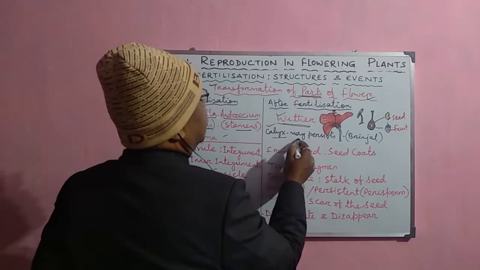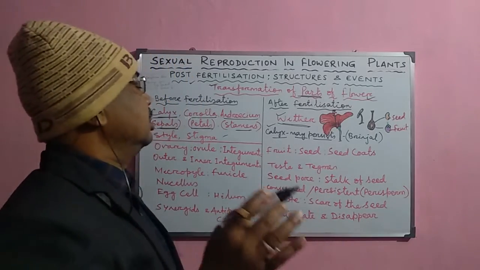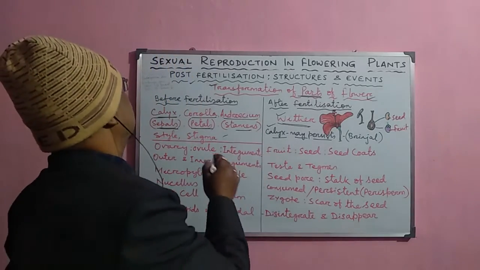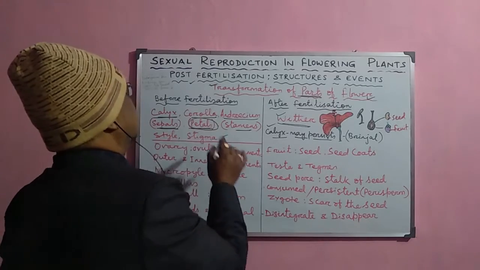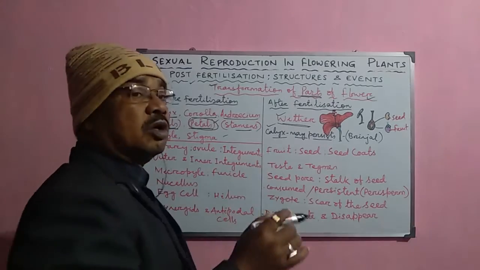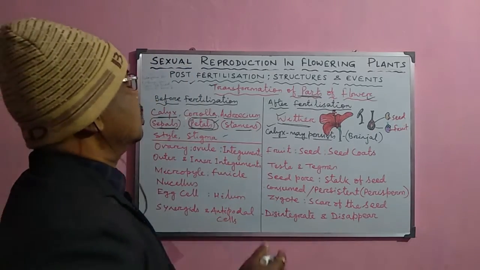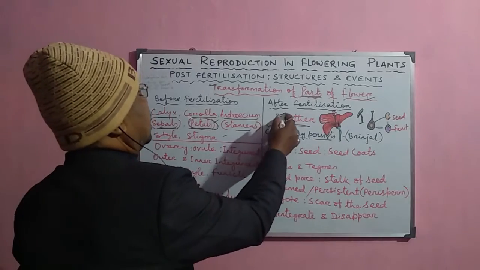So sometimes the calyx may persist in some plants, but in others it may wither away. But the petals' main role is to attract the pollinators for the process of pollination. So that is why mostly the petals wither away.